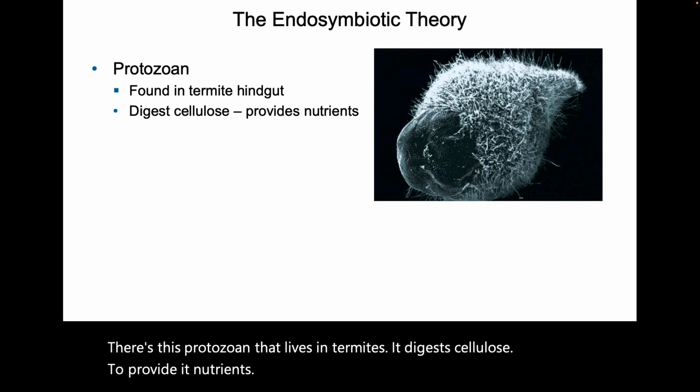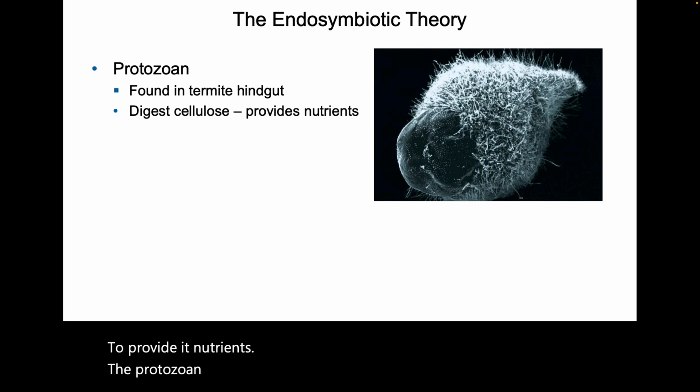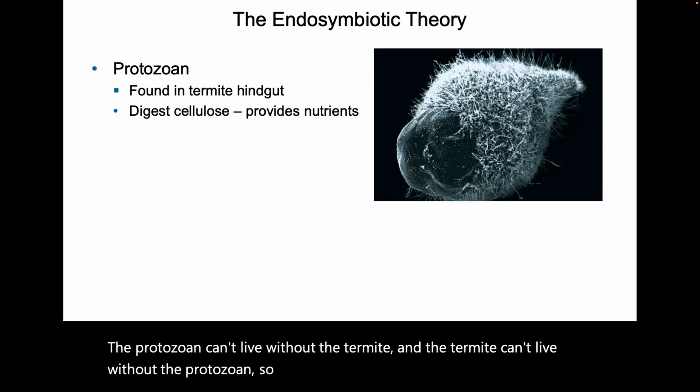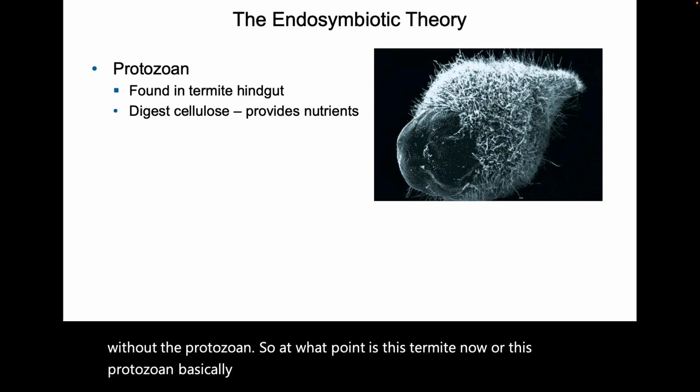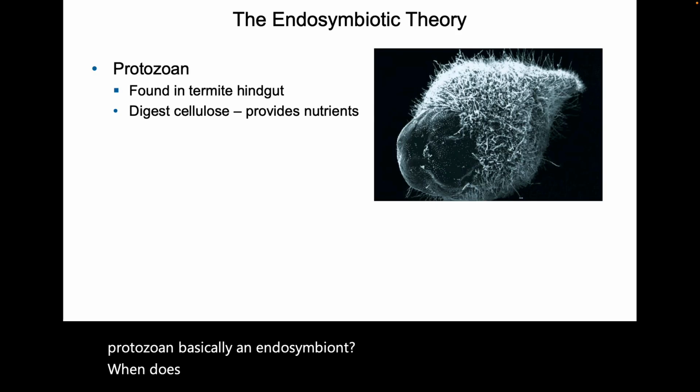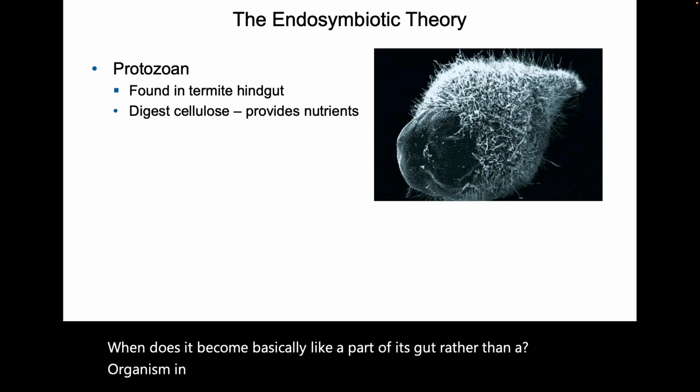The protozoan can't live without the termite, and the termite can't live without the protozoan. So at what point is this protozoan basically an endosymbiont? When does it become basically like a part of its gut rather than an organism in the gut? We're seeing this kind of happen in real time.